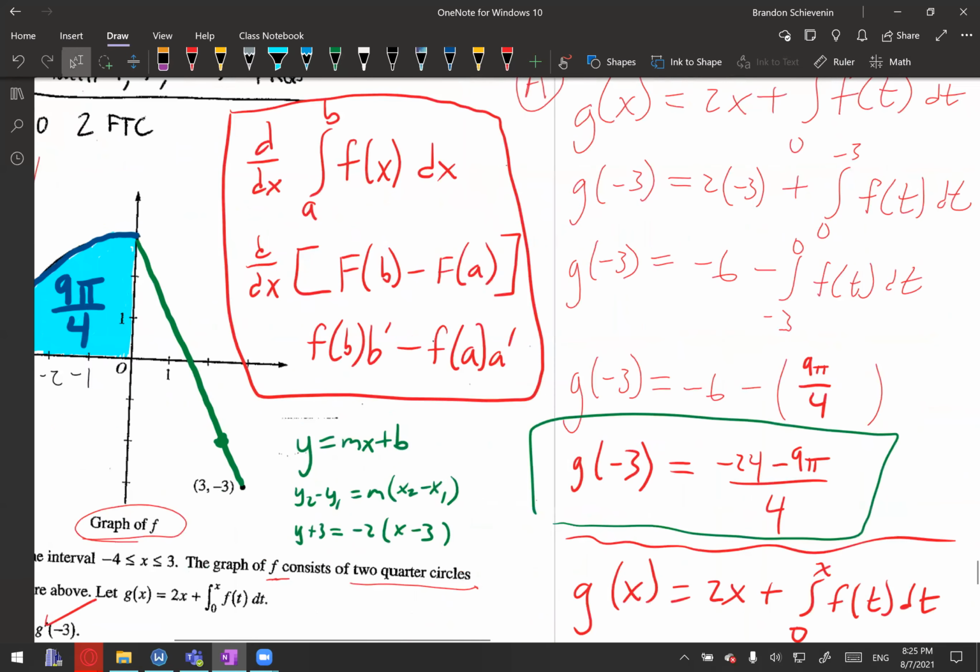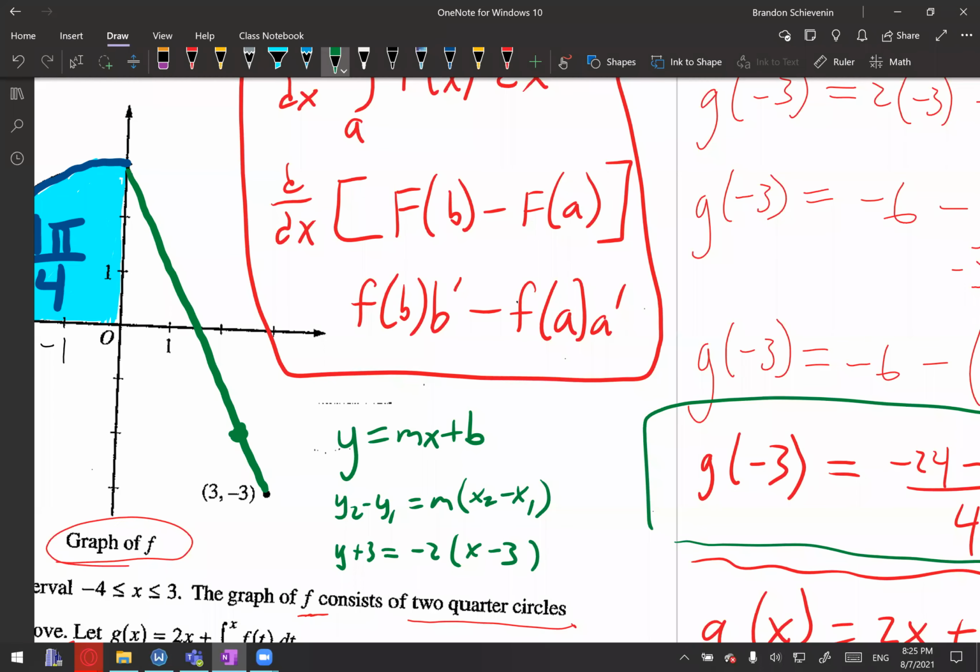The other way we could do that is if you wanted to use slope-intercept form. Again, our slope is rise over run. So I went down 6 and over 3. So this would be -6/3, which is -2 for m. Y is -2x plus 3, and I'll end up with the same thing.